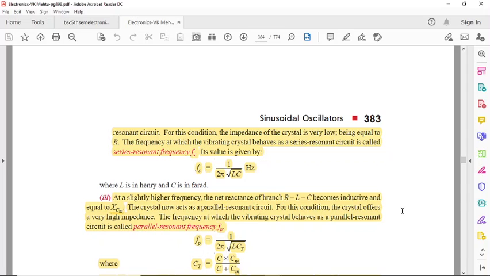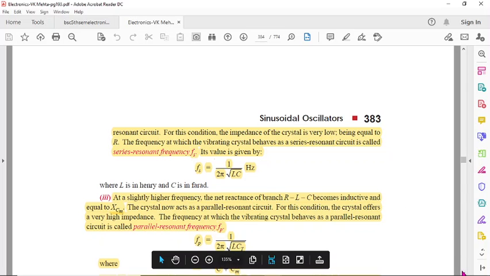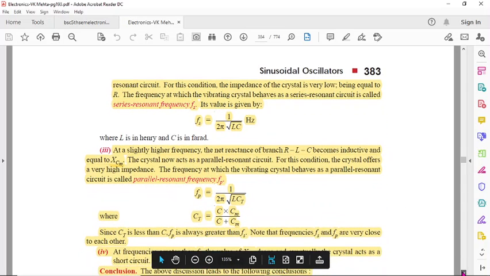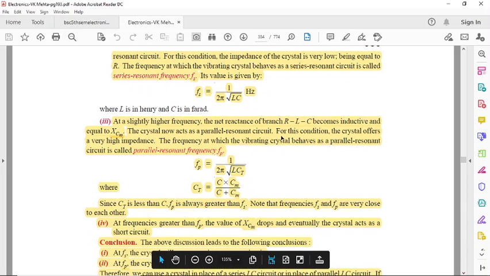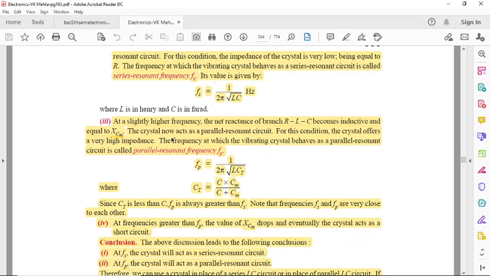At a slightly higher frequency, the capacitive reactance will be negligible. The net reactance of the RLC branch becomes inductive and equal to Xcm. The crystal now acts as a parallel resonant circuit. For this condition, the crystal offers very high impedance.